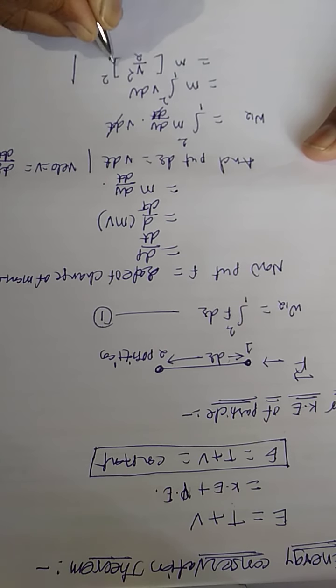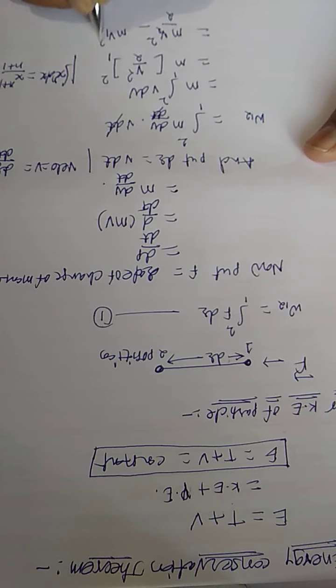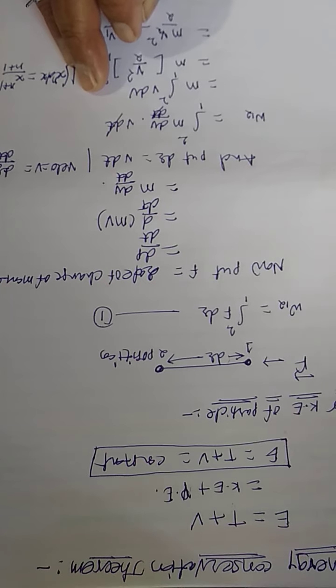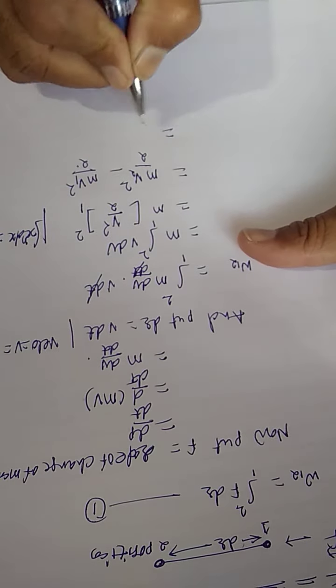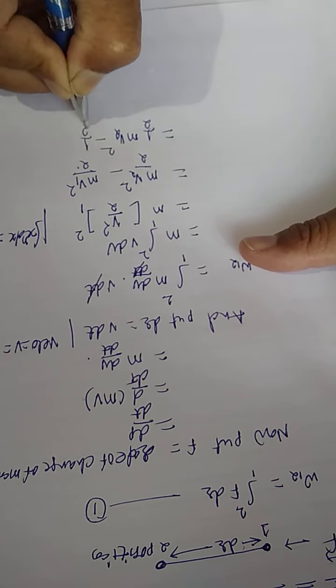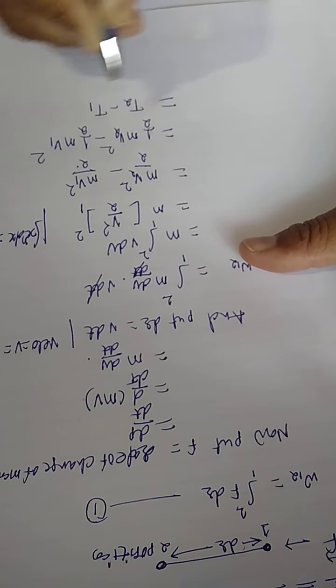This integration can be obtained by using the standard result of integration, x raised to n into dx equals x raised to n plus 1 divided by n plus 1. This equals m V2 square divided by 2 minus m V1 square divided by 2, which is equal to 1 by 2 m V2 square minus 1 by 2 m V1 square, equal to T2 minus T1.